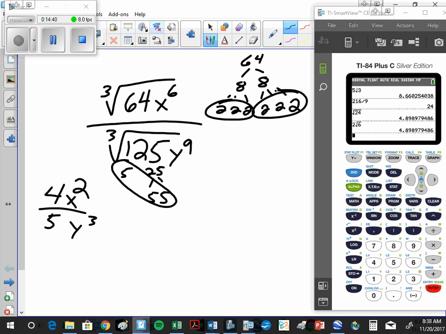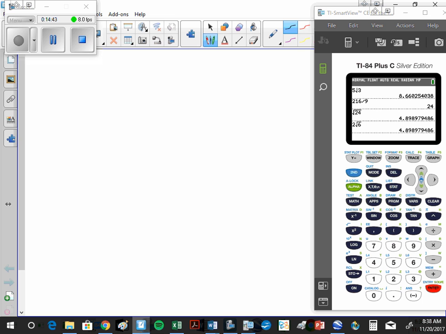Okay, something that is new. What if I had 5 square root of 3 minus 2 square root of 3? Can you simplify that? How?